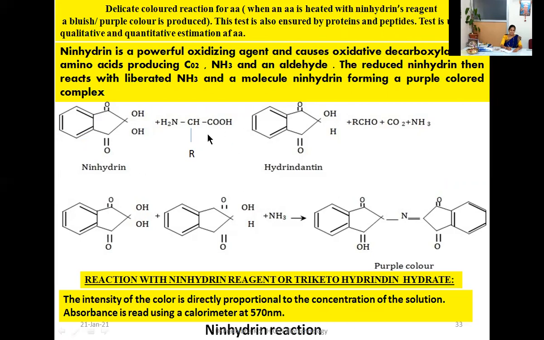This ninhydrin, one of the powerful oxidizing agents, causes the oxidative decarboxylation of the amino acid, producing CO2, carbon dioxide, and the NH2 goes as NH3. This H will attack here and this becomes an aldehyde. There is a loss of O, which has been donated here, giving RCHO.